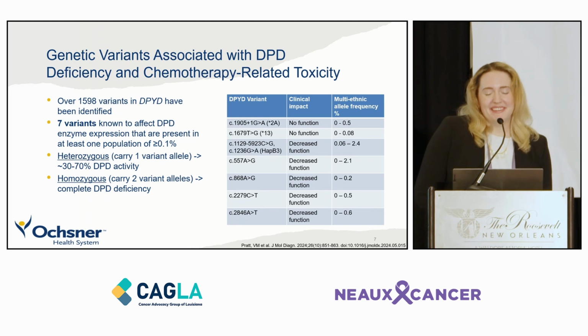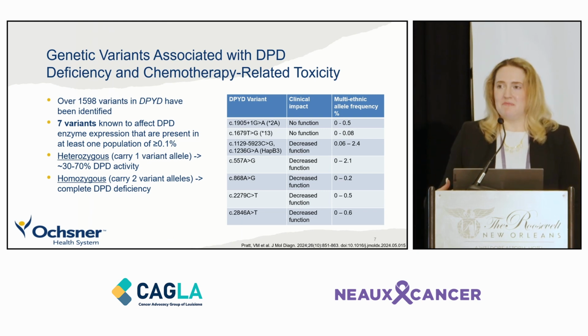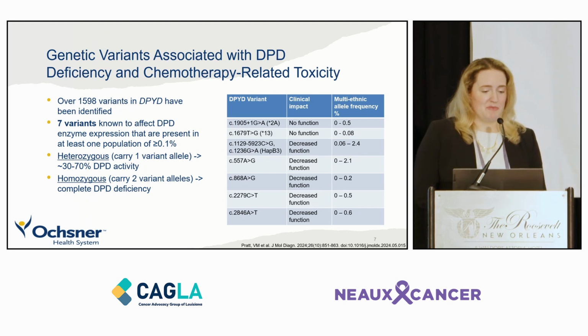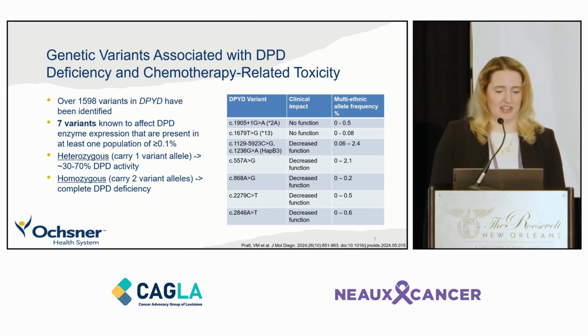So here's the table that looks at all of the different variants that are currently known to have an effect on the DPD gene. I would be remiss to not talk about DPYD a bit more. It's a very complex gene. There's almost 1,600 different variants that have been identified and reported out.